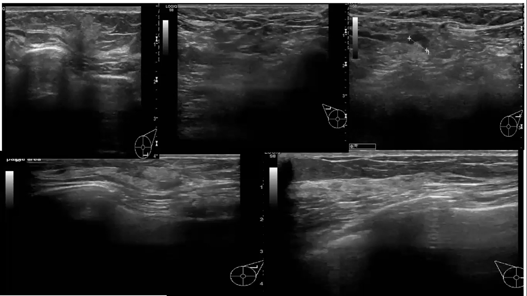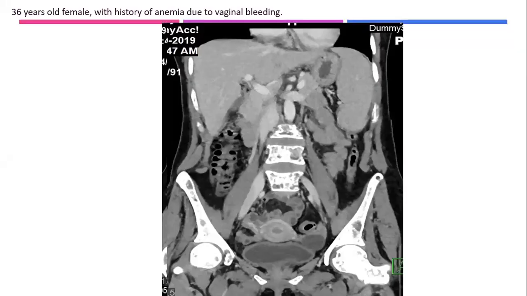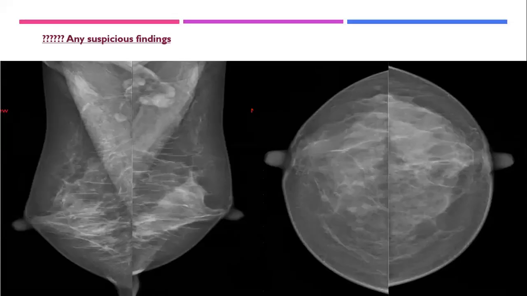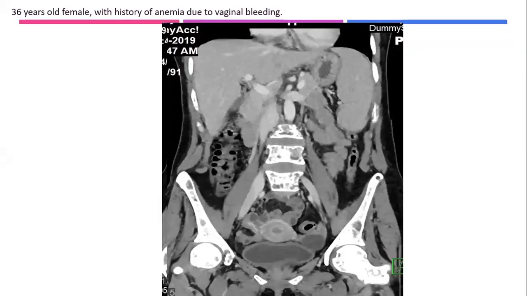Can you see any abnormality on the ultrasound? Okay, I start with this. You see, actually, this patient did not start with mammography or ultrasound.